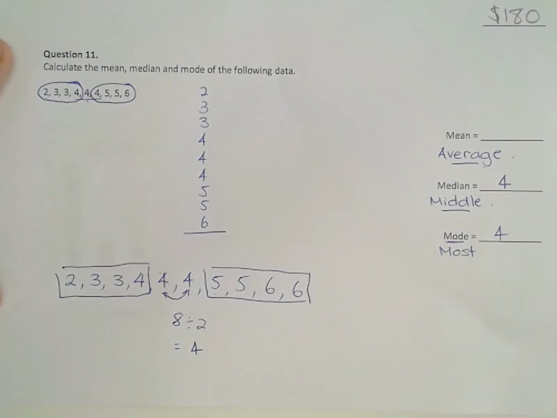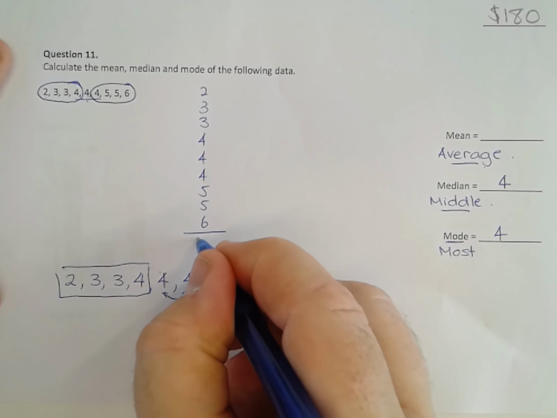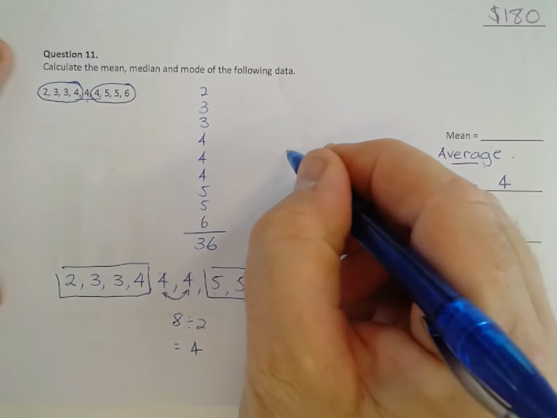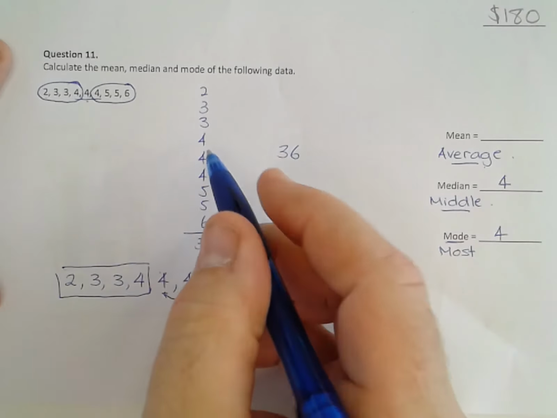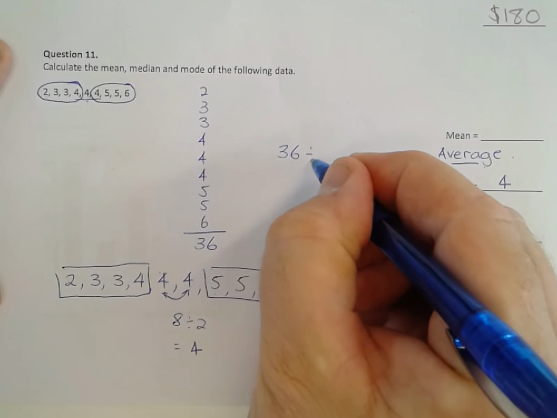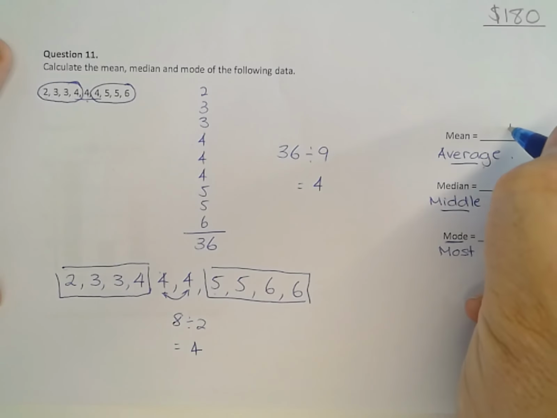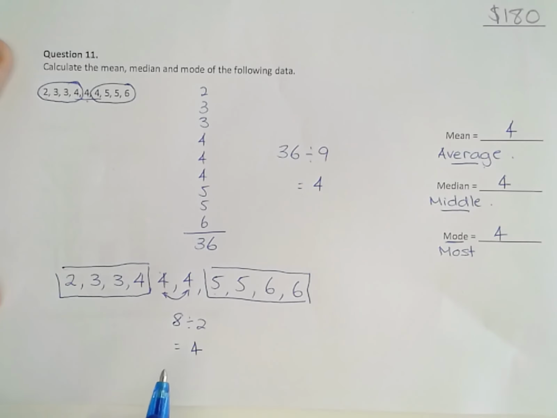And if I add up all of those numbers, I get a total of 36. If I divide that 36 by how many numbers I have, so divide 36 by 9 numbers, I get a total of 4. So in the case of this, the average, or mean, is also 4.